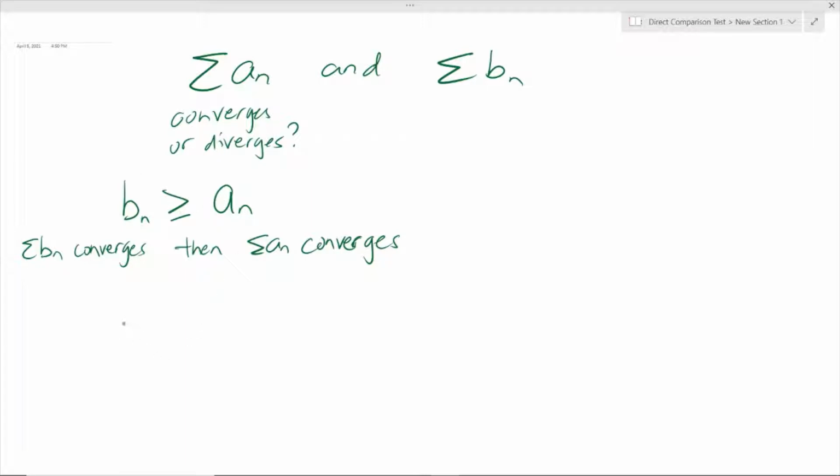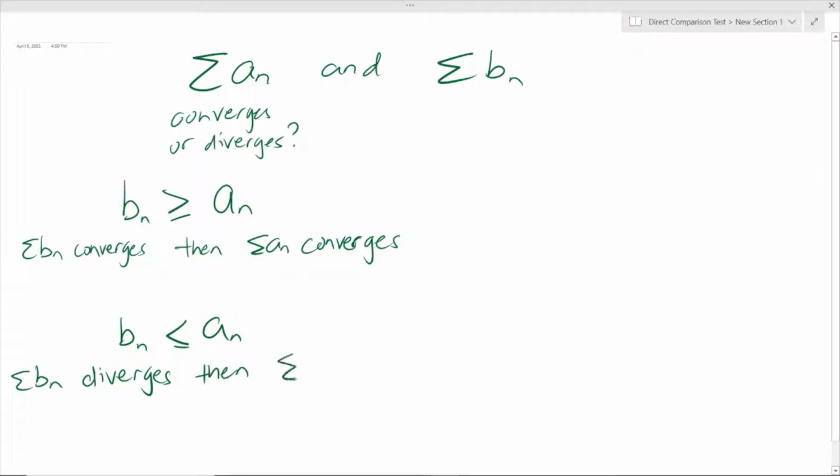Now, if we have BN being less than AN, and let's say the series BN diverges, then that would mean that our series for AN also diverges.